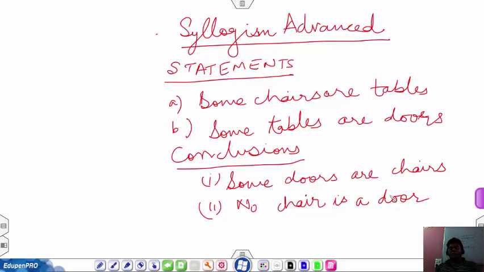I need to find out whether I can infer any one of these or I can infer both of them, or my third option says, which is the most important, either first or second.